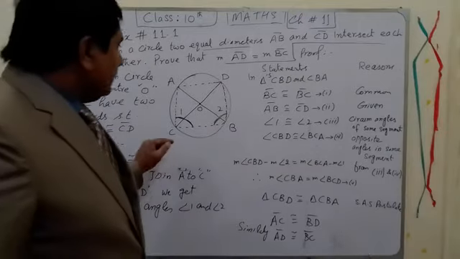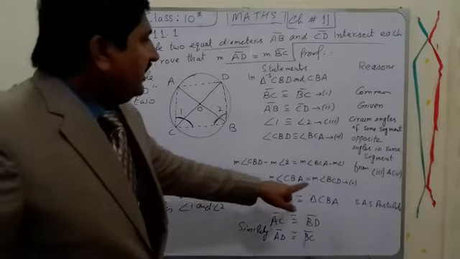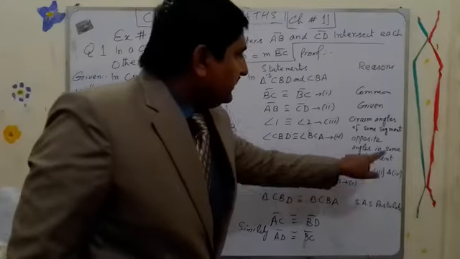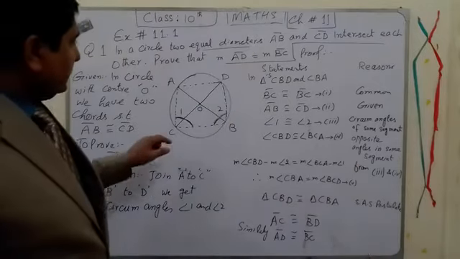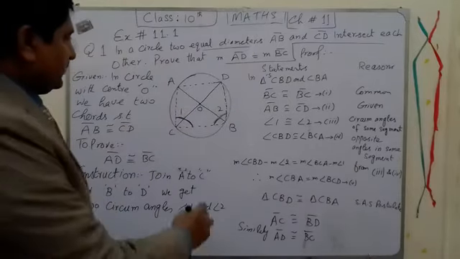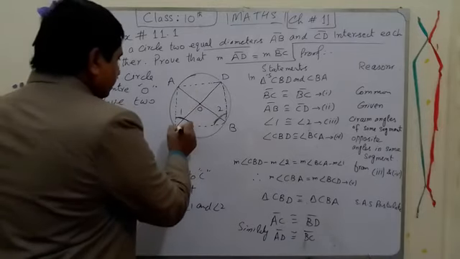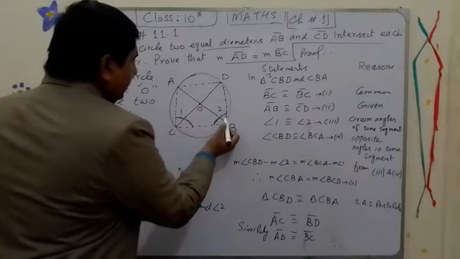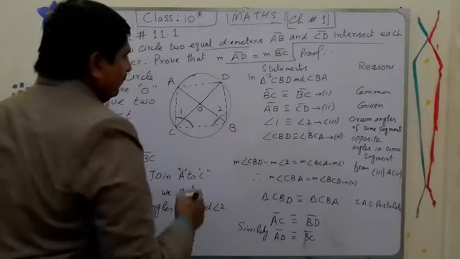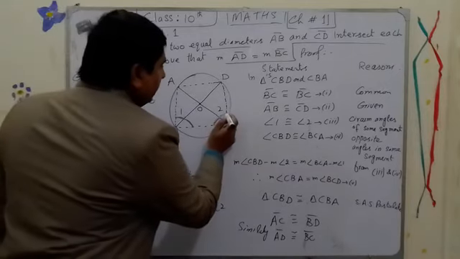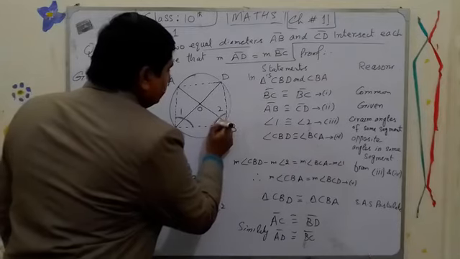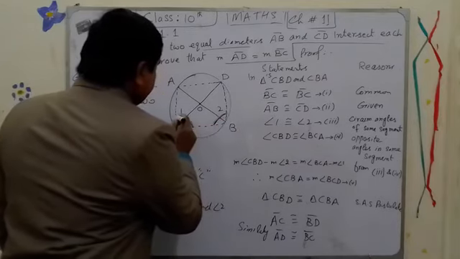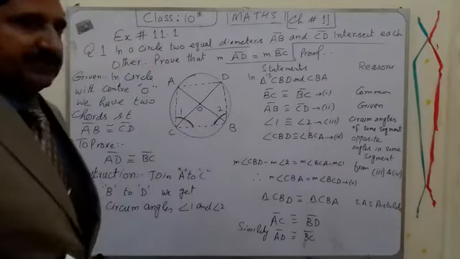Why are these two angles congruent? Because they are angles in the same segment. So look, you can see this one and this one. If this is the same portion, then this angle and angle 1 are both angles in the same segment. Isn't that so?